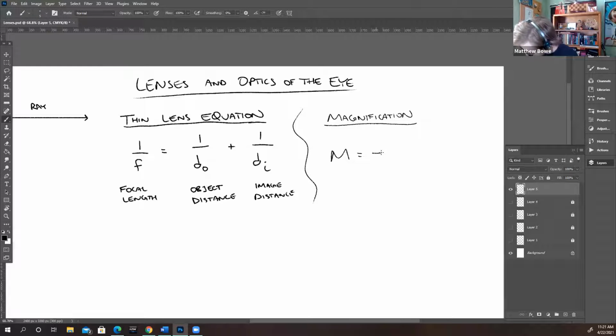It's equal to negative the image distance over the object distance. And this distance, object distance and image distance, is always from the center of the lens. So the lens is the 0 point. The object will be on one side of the lens, and most of the time the image will be on the other side.